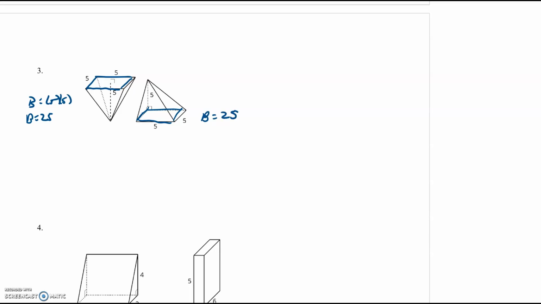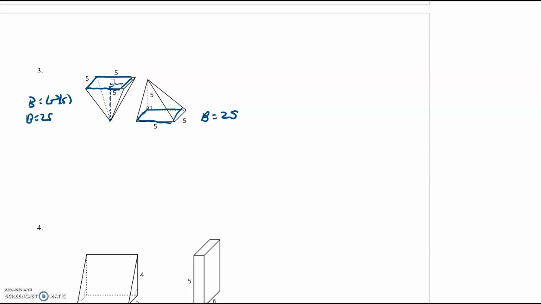Notice the left-hand pyramid here is a right pyramid, because this height is inside, right in the middle. The one on the right-hand side is oblique, but it still has the same base area.